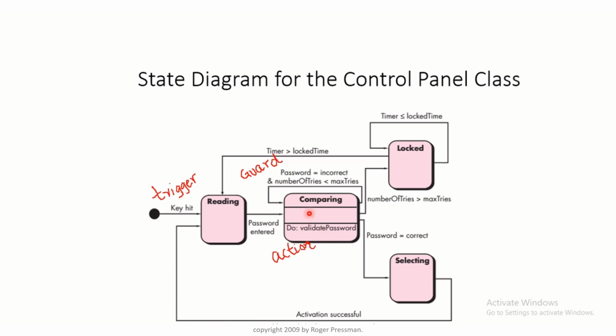If it finally comes up with the correct value, it goes to the selecting state, and if not, then it is in the locked state. From the locked state, if the time is less than or equal to the lock time, it moves to the locked state again, and if the timer gets higher than the lock time, it goes to the reading state again. So these conditions decide the flow of control.